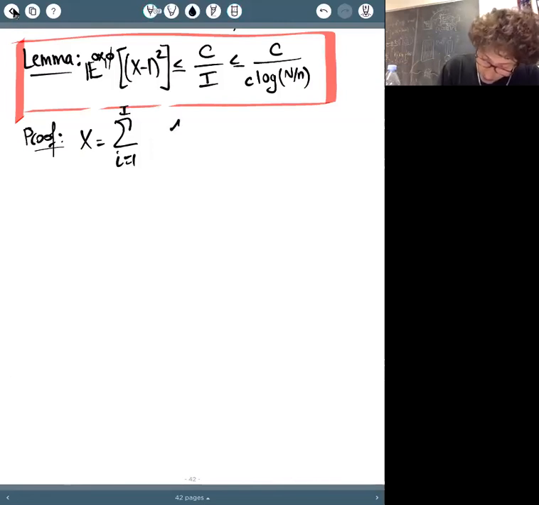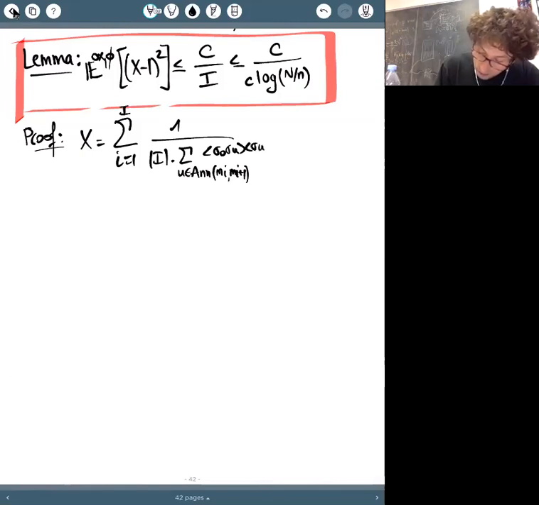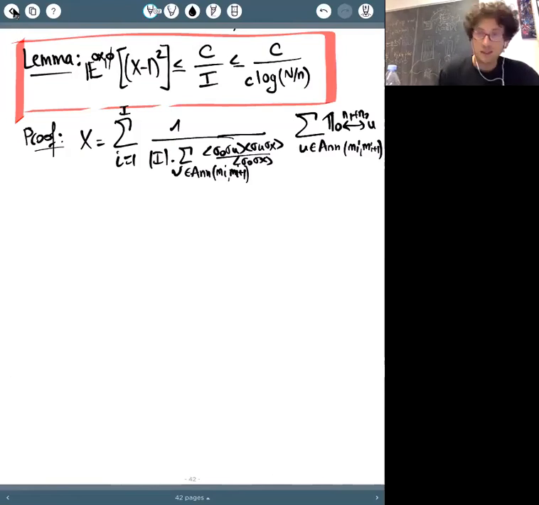So it's 1 over I times the sum over U in the annulus mi plus 1 of sigma 0, sigma u, sigma x over sigma 0, sigma x. And then I have a sum, let me put v here, the sum over u in the annulus of indicators that 0 is connected to u in n1 plus n2. Okay, this was the definition.